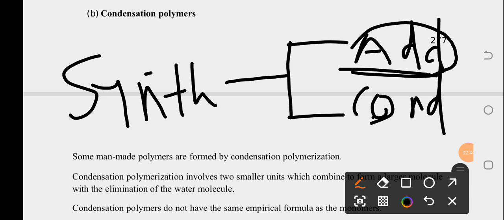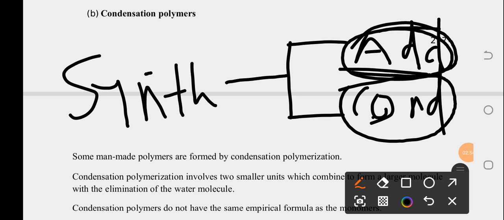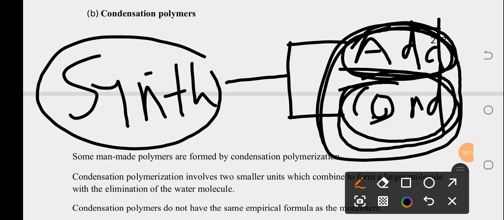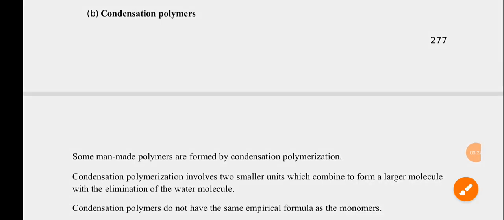Today we are just going to concentrate on condensation polymers. If you want to know more about addition polymers, I encourage you to watch the previous video so that you understand what they are and know some of the examples, because those are the questions which they normally ask. Today we are just going to concentrate on condensation polymers. These two categories fall under synthetic polymers. Okay, having said that, let us proceed.